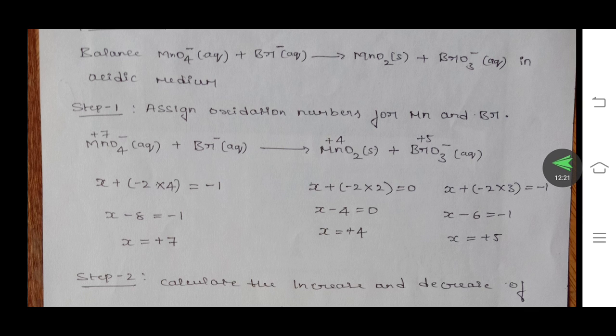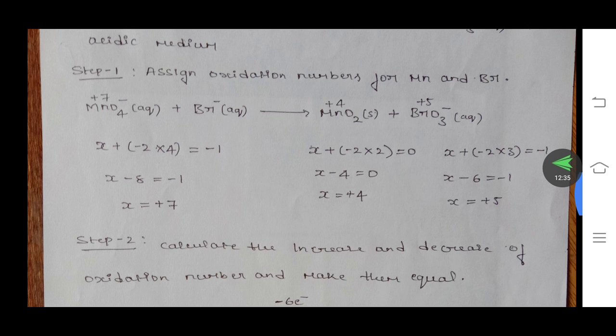Okay, so in this compound MnO4 minus, Mn is unknown, Br minus is already known, and in MnO2 again Mn only, in BrO3 minus Br you have to find out. Now, Mn is X because unknown, so X plus minus 2 into 4 equals minus 1. So X minus 8 equals minus 1. So X equals plus 7.